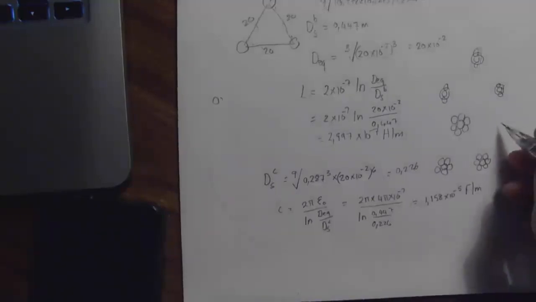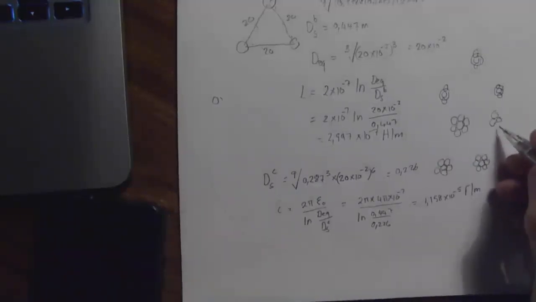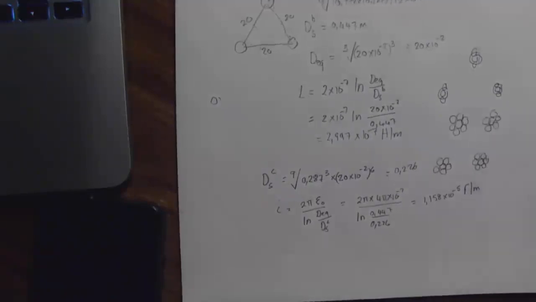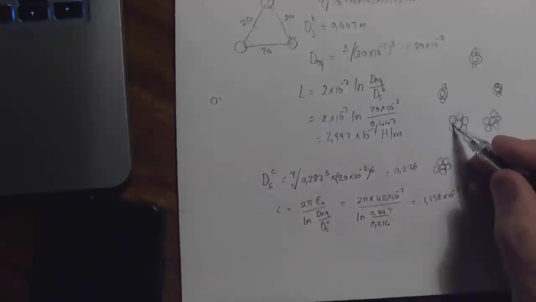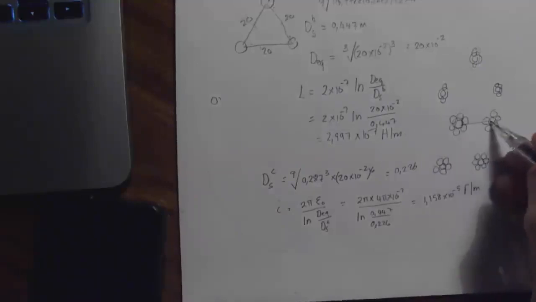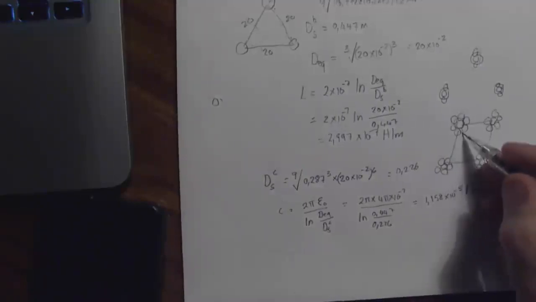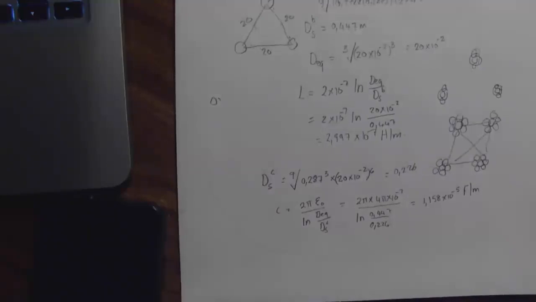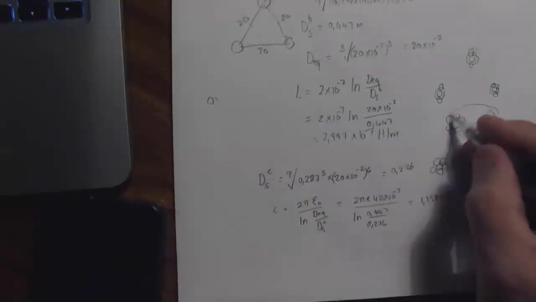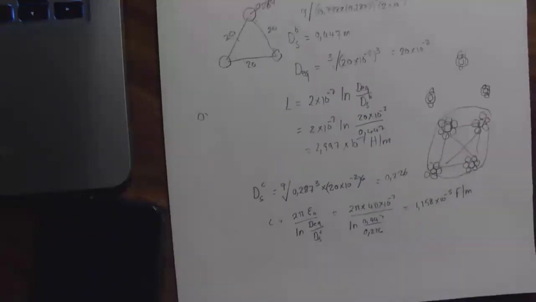If I give you 4, it's going to be the same thing. First you get the equivalent there, and then using that configuration, you determine your equivalent diameter of the bundle.